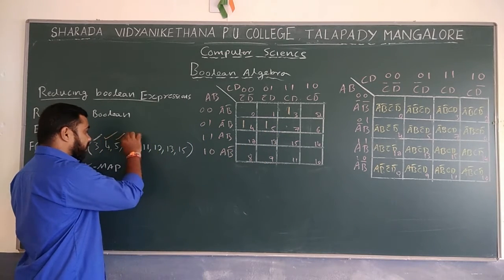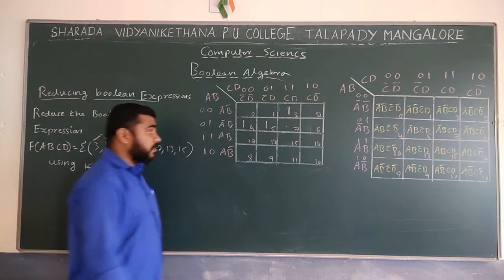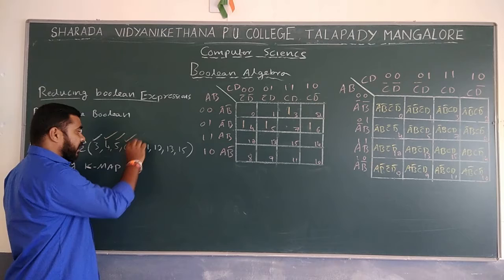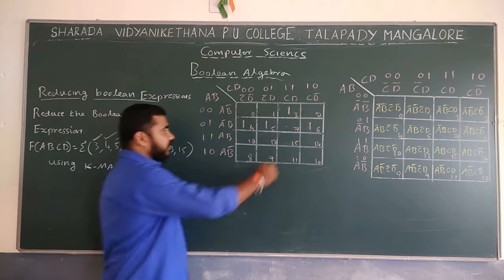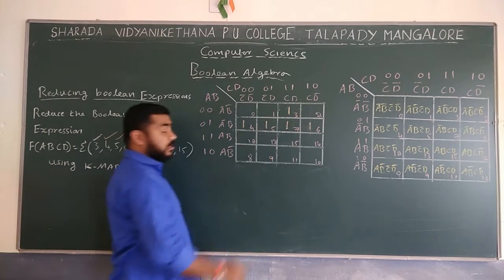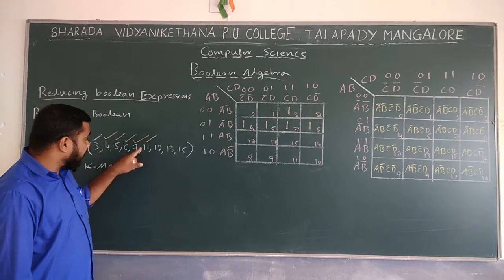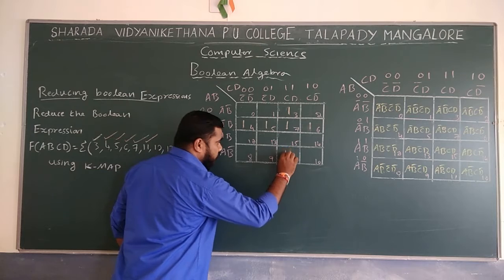The next one is cell number 6. Go to cell number 6 and mark it as 1. The next one is cell number 7. Mark it as 1. Next, go to cell number 11 and mark it as 1.